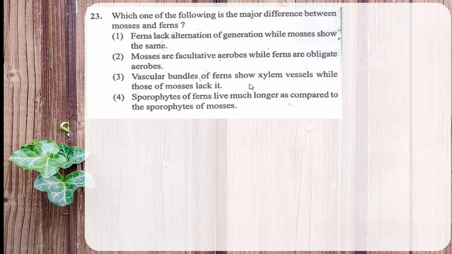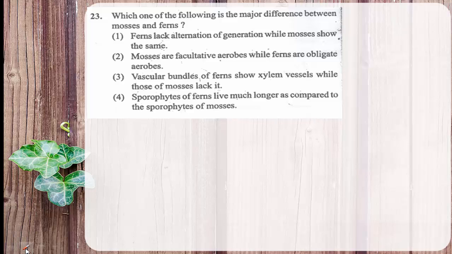Vascular bundles of fern show xylem vessels while those of mosses lack it. This is also a wrong statement. Mosses are without xylem itself, no question of xylem vessel. Sporophyte of ferns lives much longer as compared to the sporophyte of mosses.